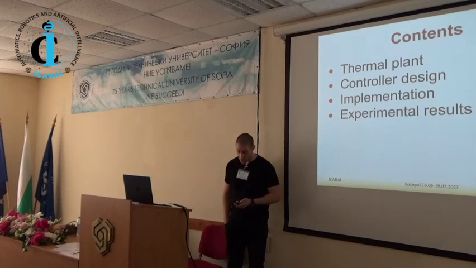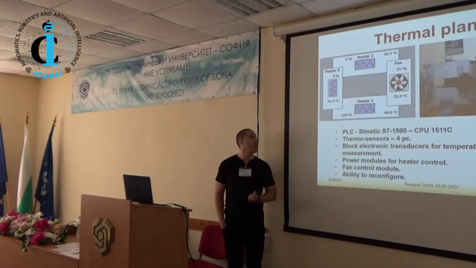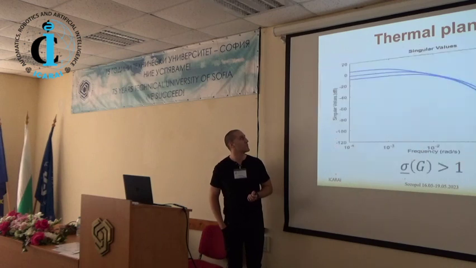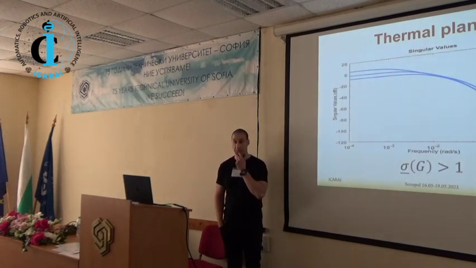Again, the talking points of my presentation. As we said already, we use the same plant, so I'll skip it to not bore you anymore. But just note the following thing. Although the plant itself has simple dynamics, there is some constraint on the achievable performance based on the control signal itself.